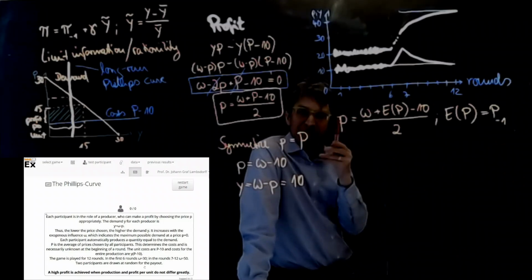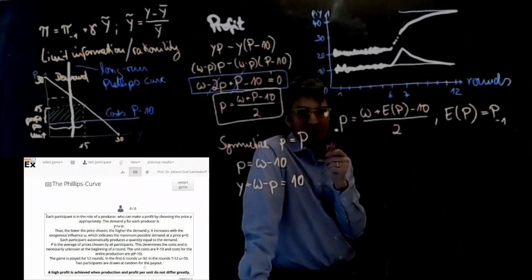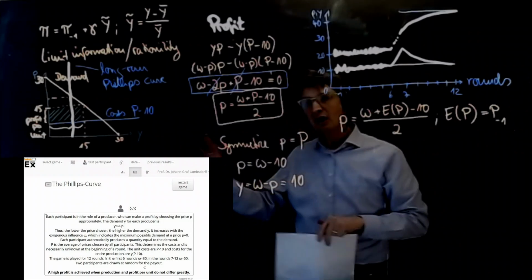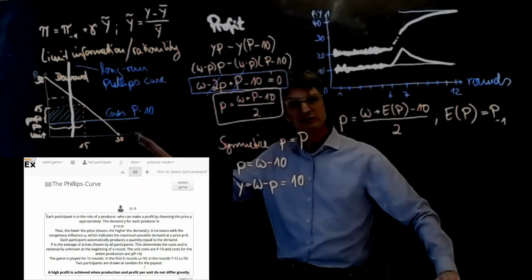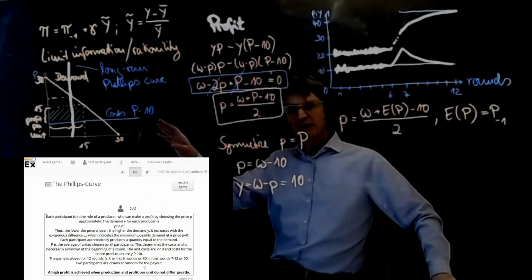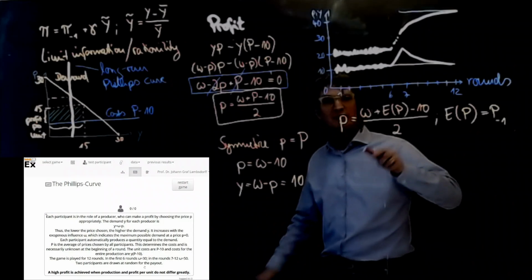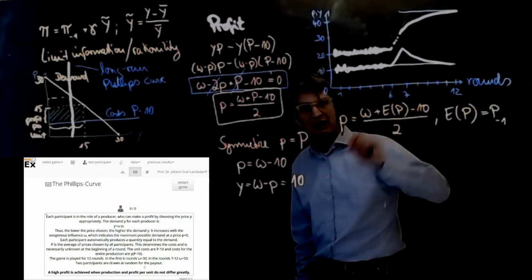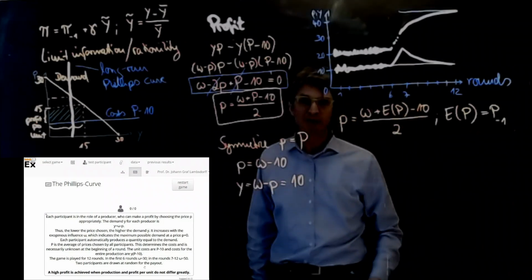Now, this is not an explanation for the behavior in our game, because there is no limited information in the game. People, participants, know how this average P is formed.